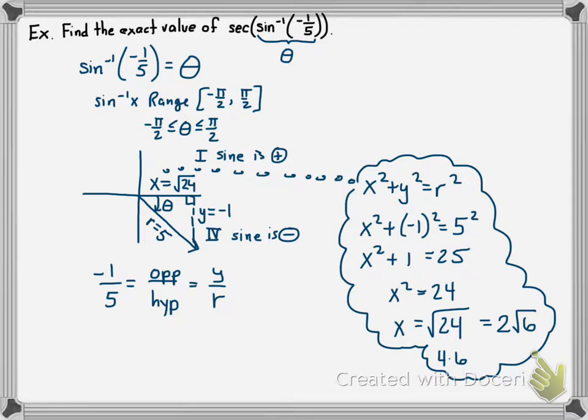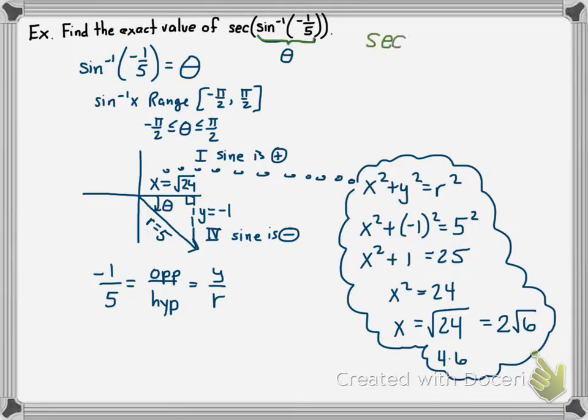Okay, so we have the three sides of our triangle and our corresponding angle of theta. Again, I do not recognize these sides as a special triangle or a special angle, so I'm just going to call this angle theta. And now our job is to take a look at secant of that angle of theta.